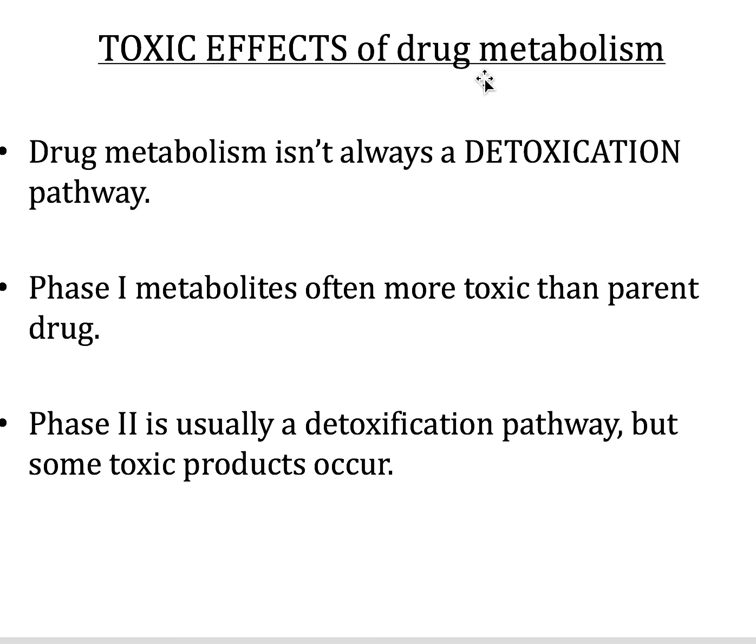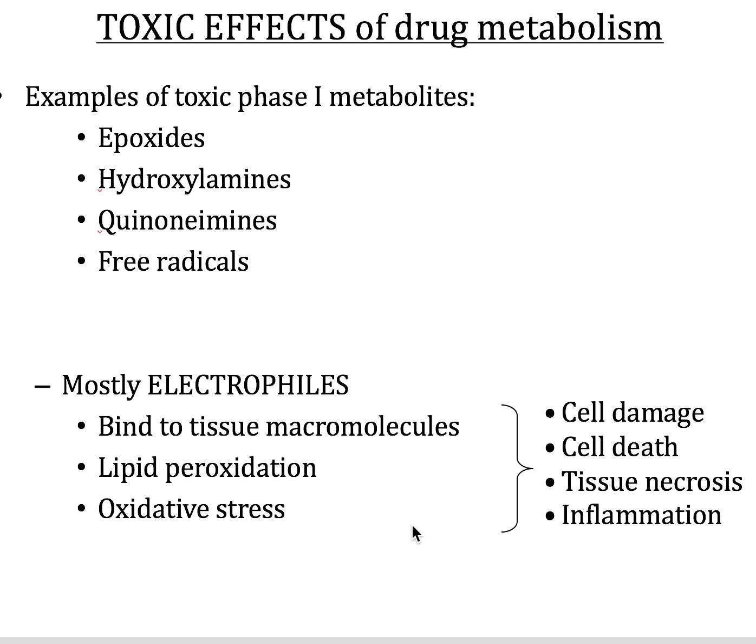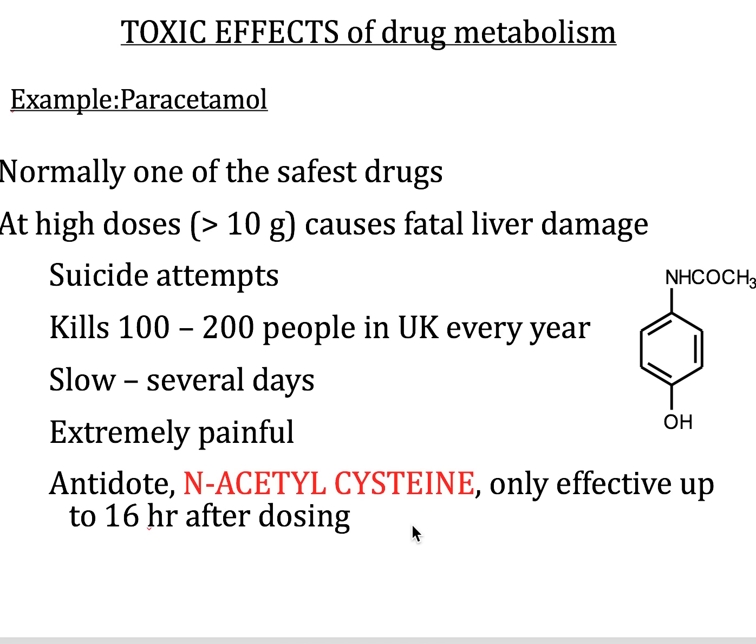Toxic effects of drug metabolism: drug metabolism isn't always a detoxification pathway. Sometimes the metabolites are more toxic than the parent drugs. Phase 2 is usually a detoxification pathway, but some toxic products occur. Paracetamol is normally one of the safest drugs, but at high doses, above 10 grams in a day, it is dangerous.